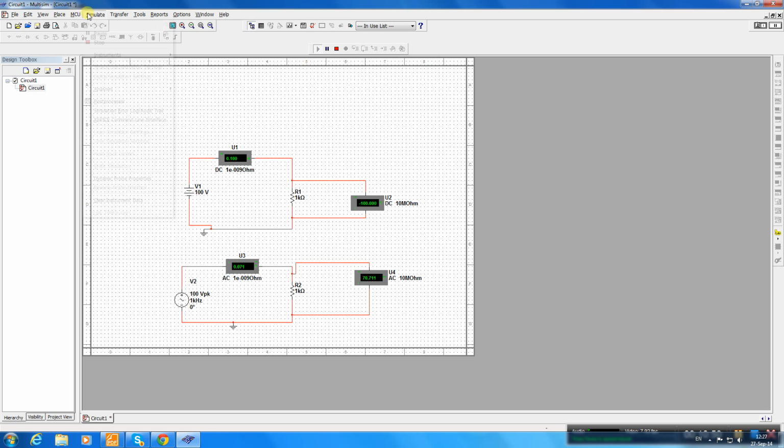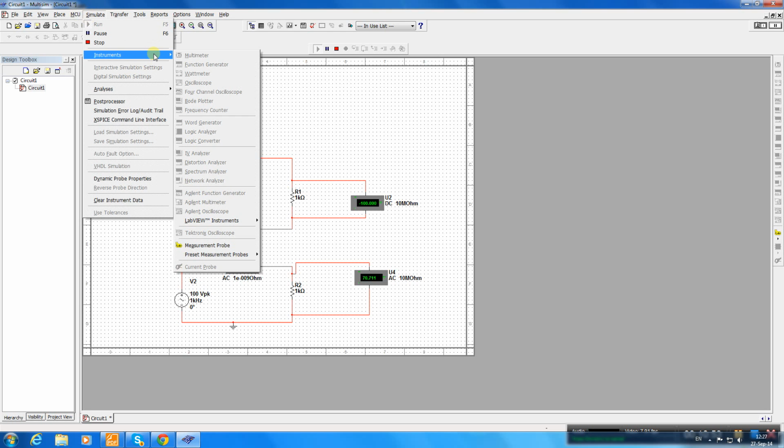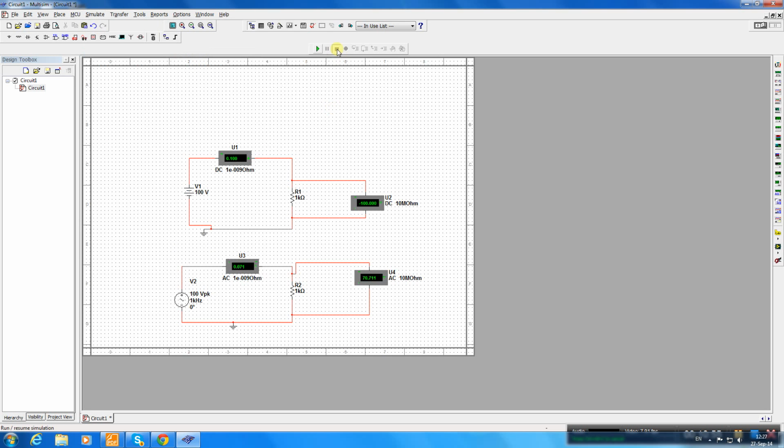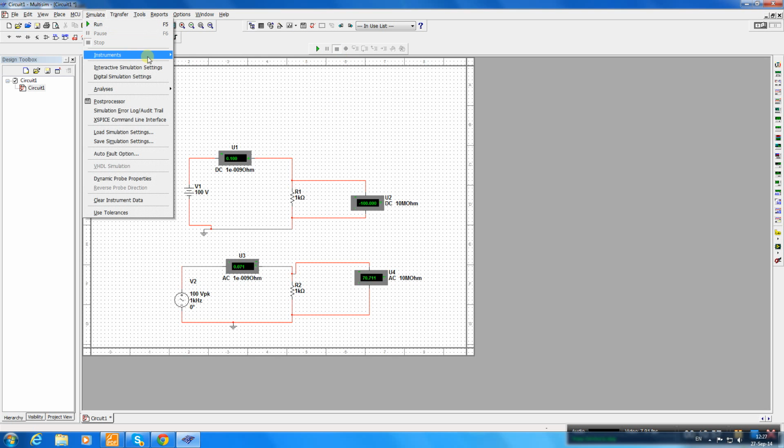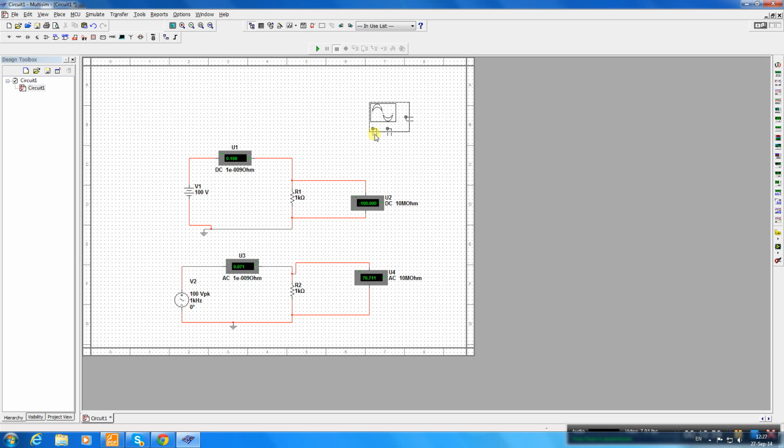Okay, and now let's also use, we should stop it, the oscilloscope. As you know, the oscilloscope allows us to see the signal as it is. Here we have a two channel oscilloscope.